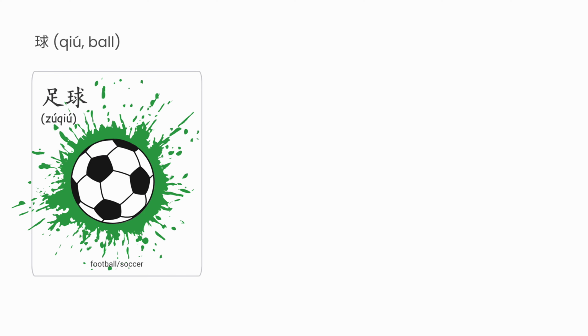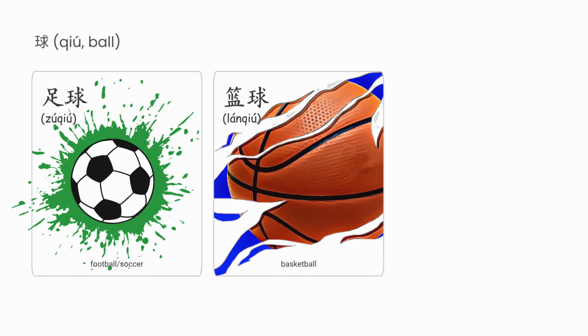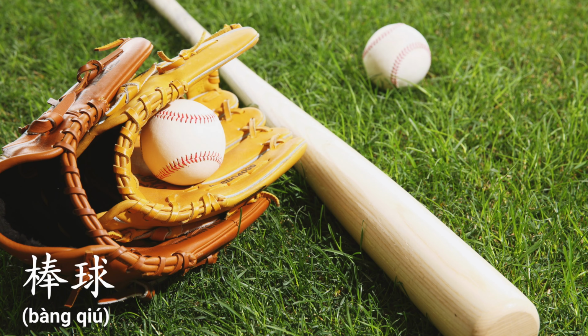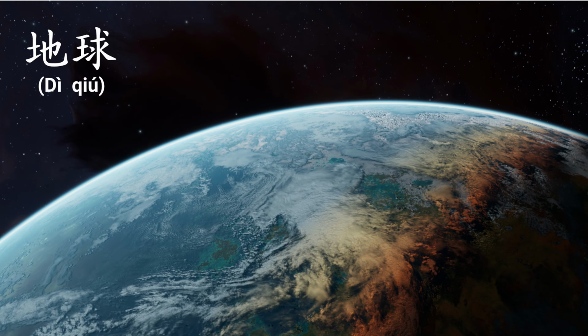For example, 足球, football. 篮球, basketball. 乒乓球, ping pong, imitating the sound. 棒球, stick ball, means baseball. 地球, earth ball, the earth.